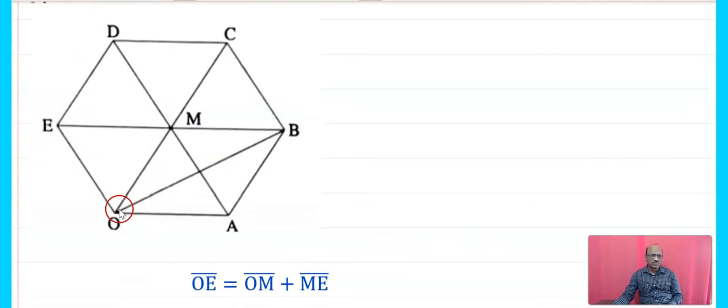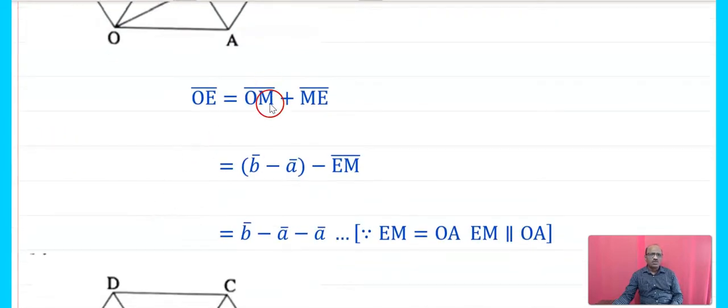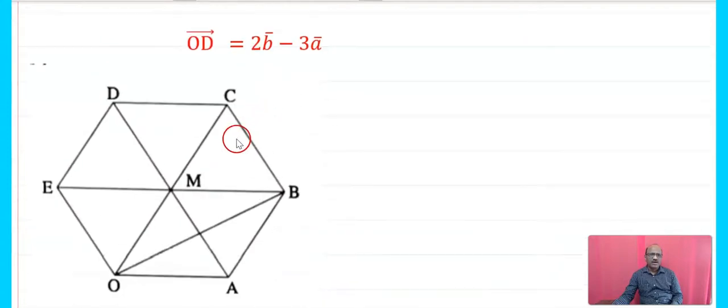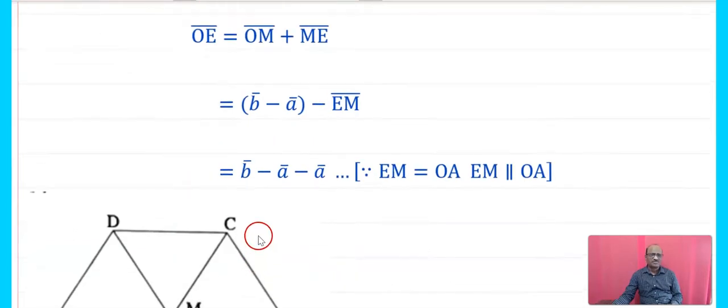OE bar is equal to O to M and M to E. Here OM bar is nothing but AB bar, and we know AB bar is B bar minus A bar.